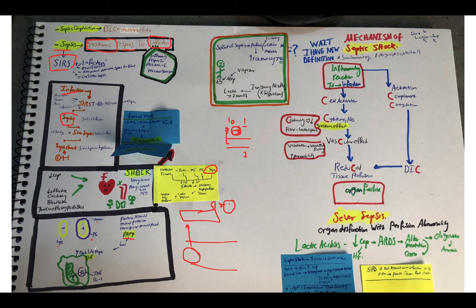These will be recognized by the toll-like receptor on the surface of the macrophage, leading to signal transduction that affects the DNA, and through transcription and translation leads to the formation of tumor necrosis factor and interleukin-1 that will lead to the tissue change here.